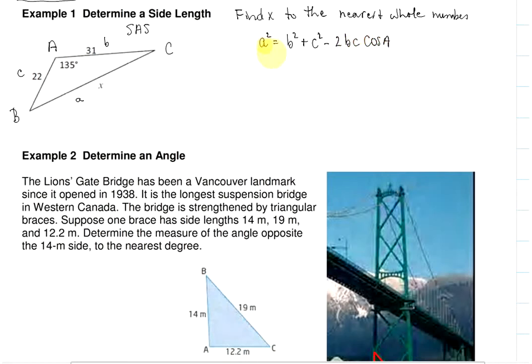A. And so in place of a squared, I'm going to put x squared, because that's the side I'm looking for. And then b squared is 31 squared, and c squared is 22 squared, minus 2 times 31 times 22 times the cos of angle A, which is the cos of 135 degrees.